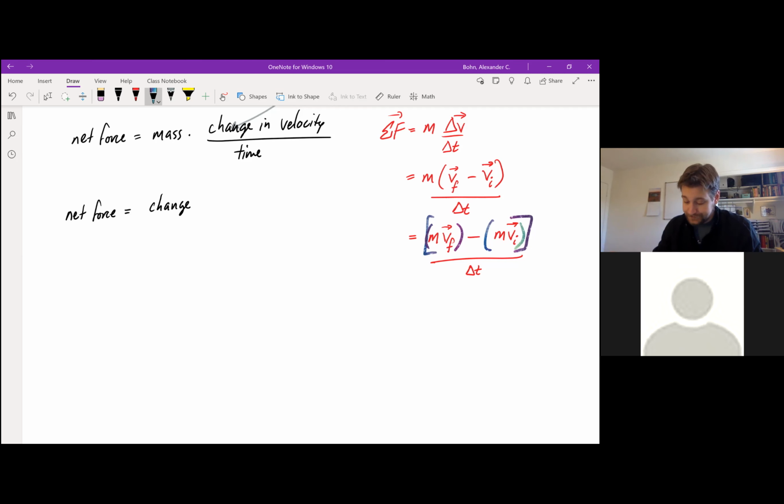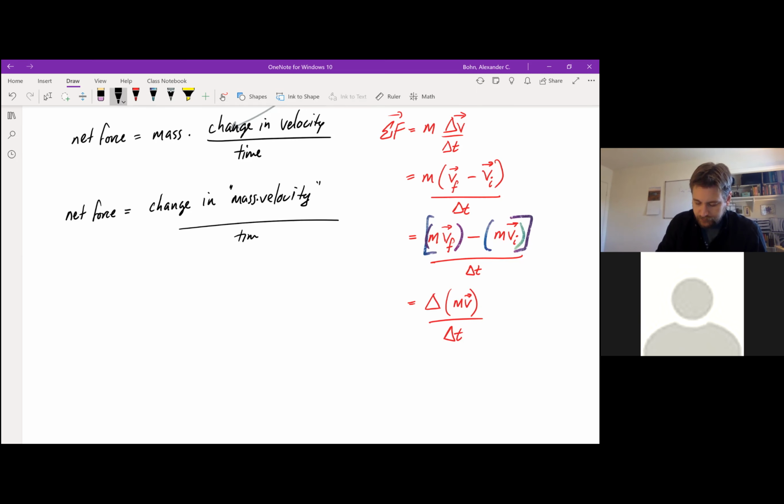That looks like the change in the mass velocity divided by the time.